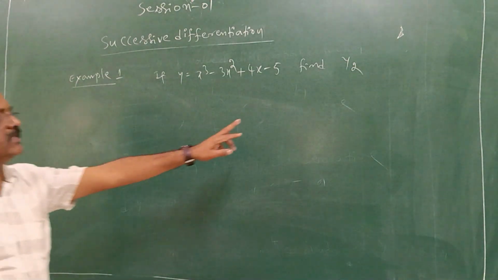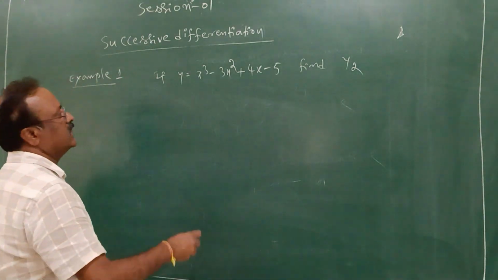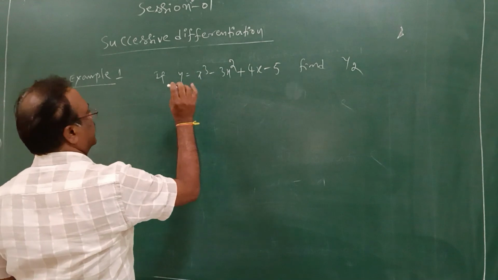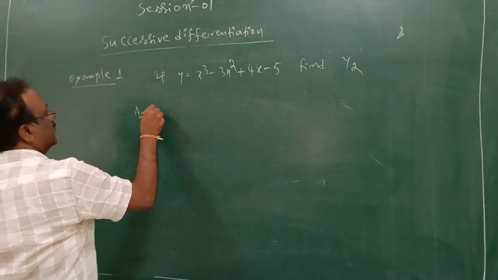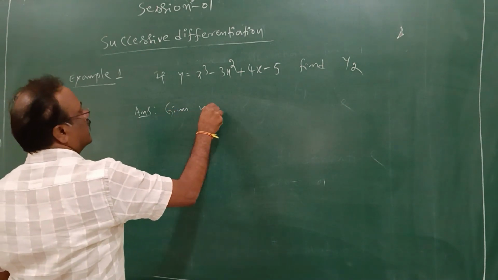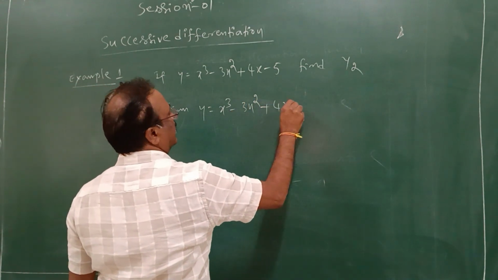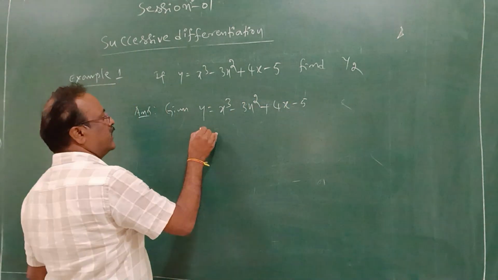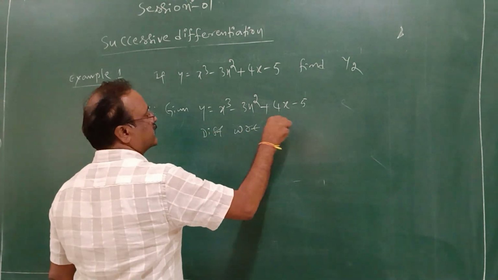So y2 is nothing but the second order derivative of the function. Let us consider the given function is y is equal to x cube minus 3x square plus 4x minus 5. I want to differentiate this function with respect to x.